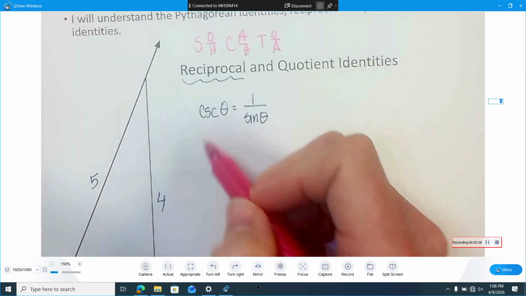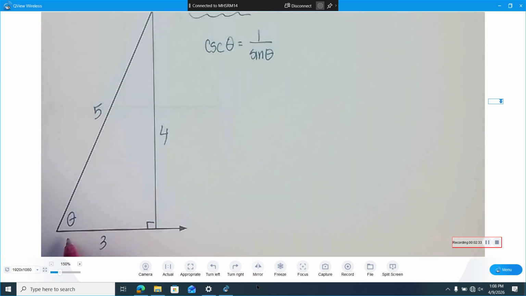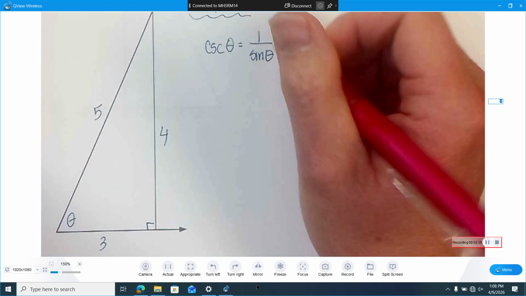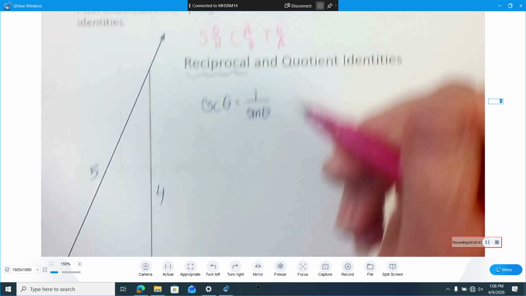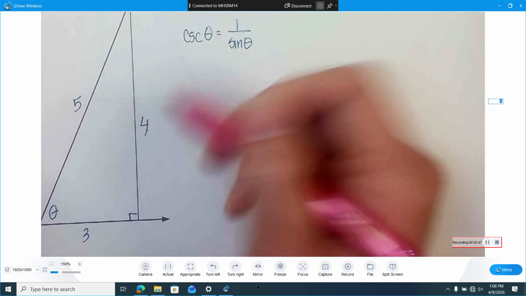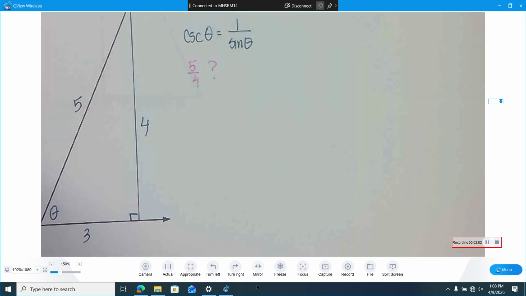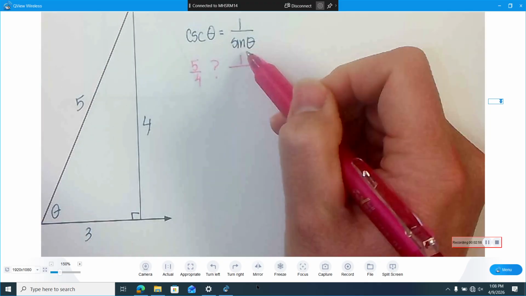So cosecant, according to our angle, would be hypotenuse over opposite, right? Okay, so there's a hypotenuse. Here's our opposite side. So it would be 5 over 4. But we're kind of curious, does it really match 1 over the sine?